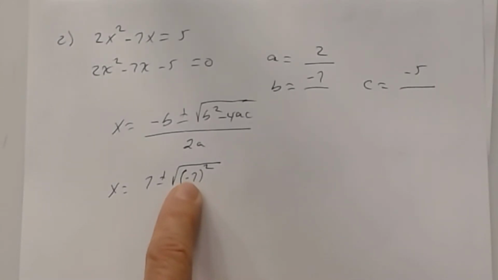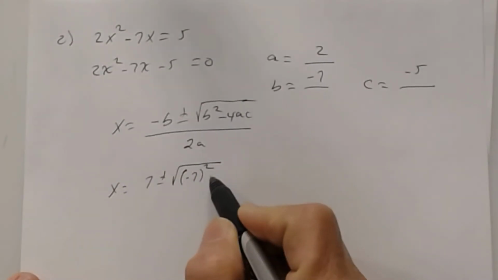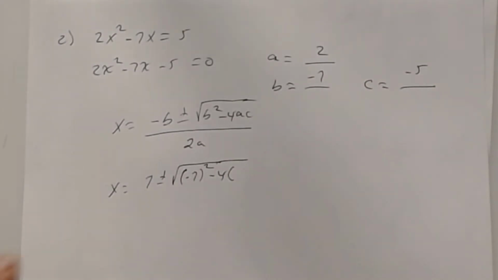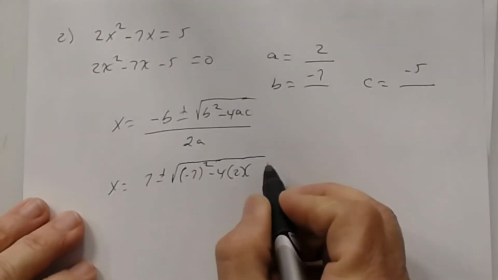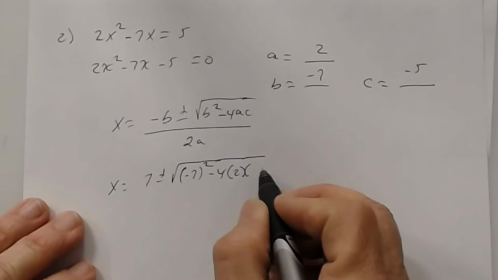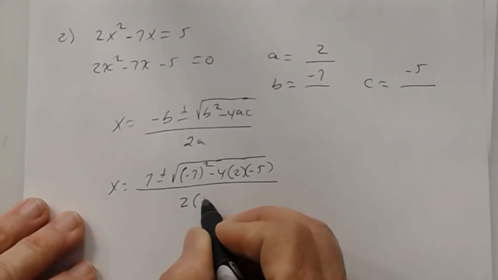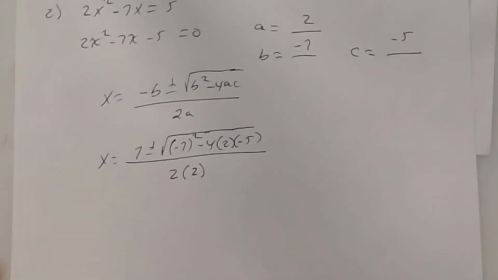But it will be positive or 0. Never negative. Minus 4 times A in parentheses. What is A? 2. Times C in parentheses. What is that? All over 2 times A. And what's A? 2. Just like this. So notice you just plug. And the rest is just manipulating.